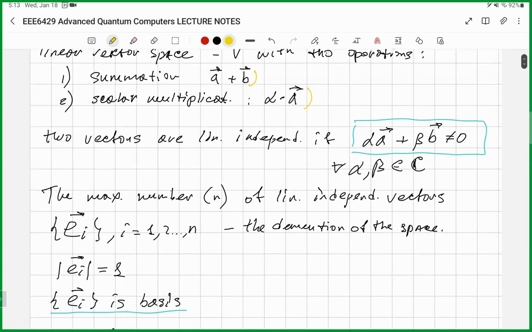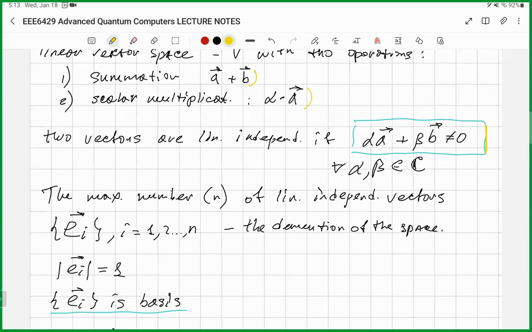Then we introduce the concept of linear independency of several vectors, like shown here in this blue frame. Alpha A vector plus beta B vector not equal to 0. So this is the definition of two linearly independent vectors.